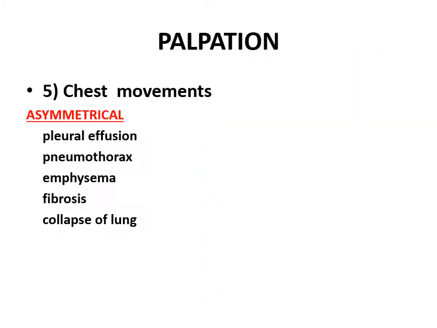Then what is asymmetrical chest movement? By doing chest movement, we get to know whether the movement of the chest is equal on both sides or not, right? When it is not moving equally, one side of the chest moves less compared to the other side, which means one thumb will move less compared to the opposite thumb. So we know the chest movement is not symmetrical, rather it is asymmetrical.